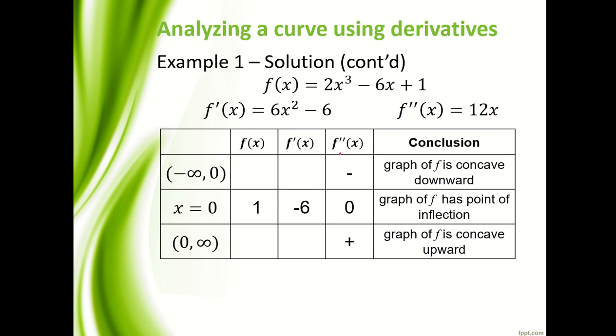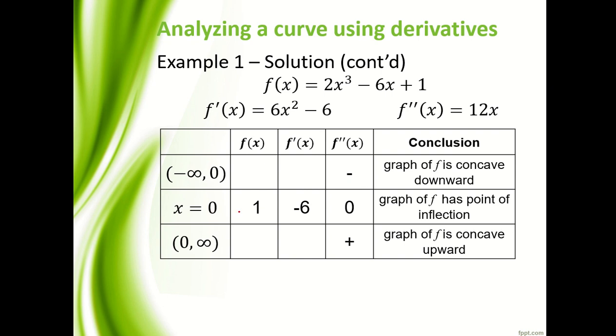When you substitute values like negative 1, negative 2, negative 3, the result is always negative, for example 12 times negative 2 is negative 24. So, as mentioned in the theorem, if this is negative, the function f is concave downward.